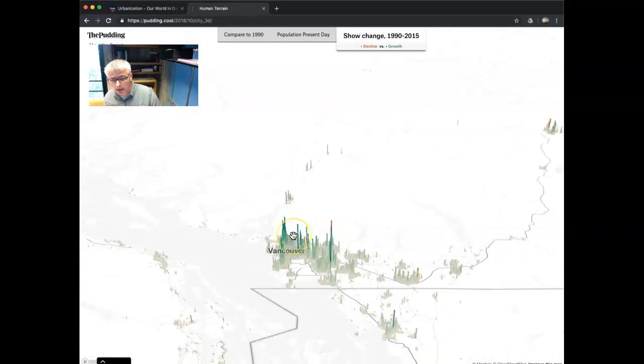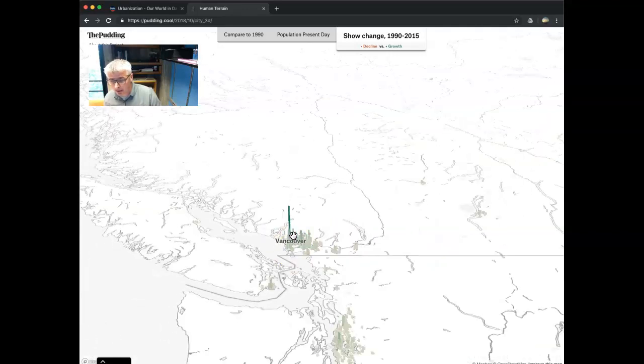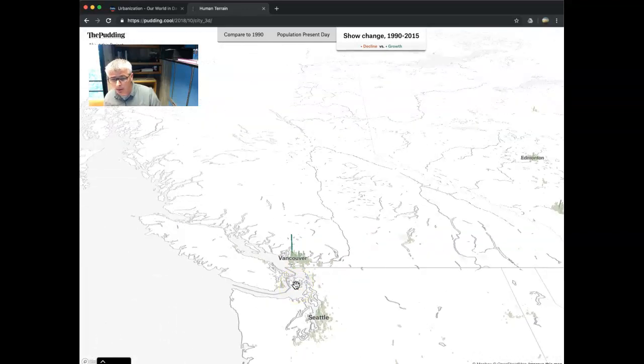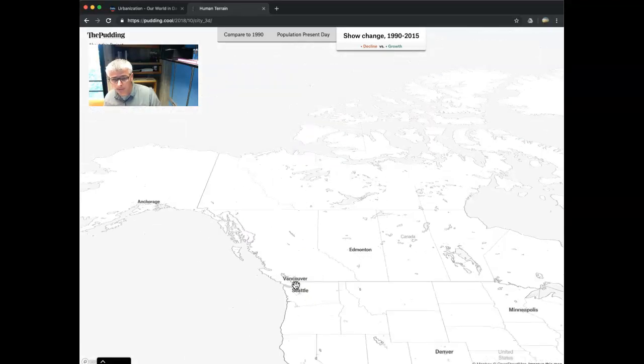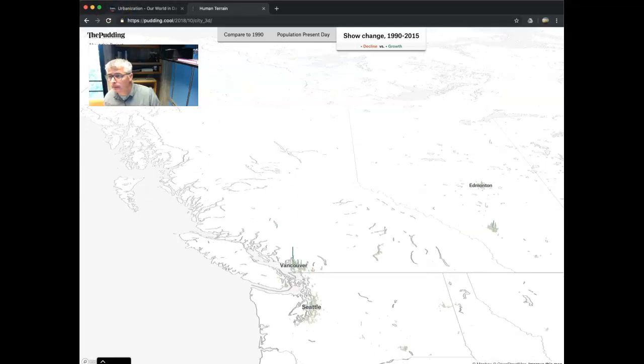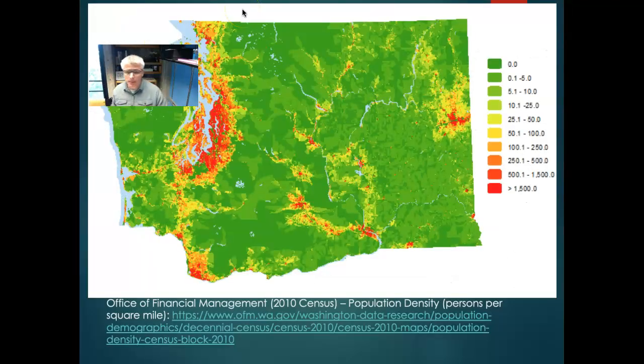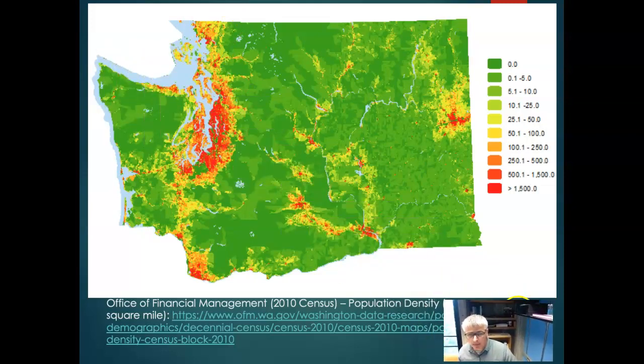So it's worth playing around with this. It's actually a global map. You can look at changes around the world as well. Here are a few other ways of looking at population density. This one has a heat map.